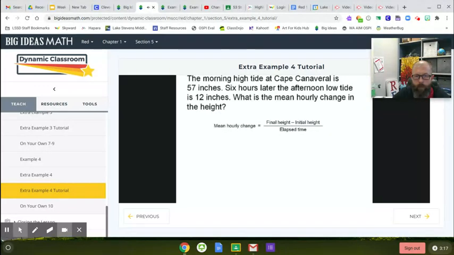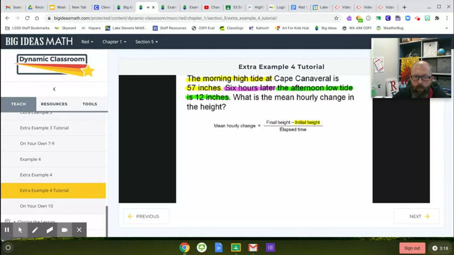So this is your initial height. The word problem also says that 6 hours later, the afternoon low tide is 12 inches. So the elapsed time is 6 hours, and the final height is 12 inches.